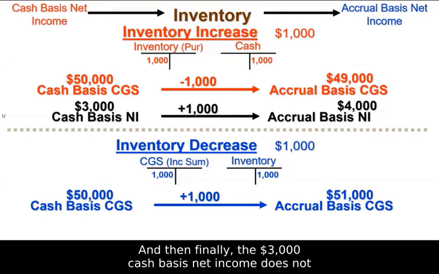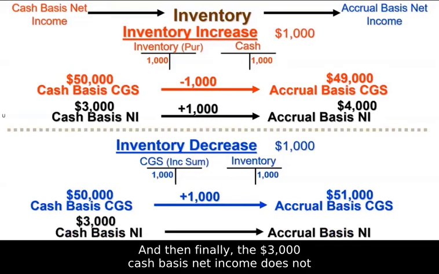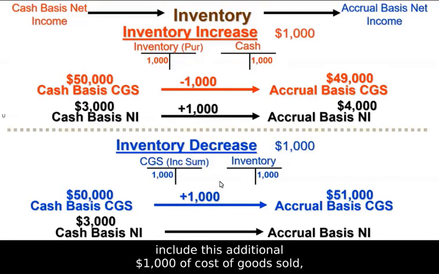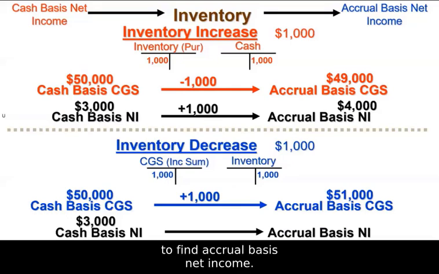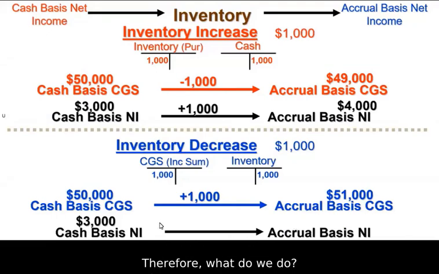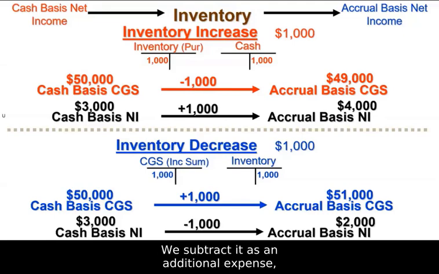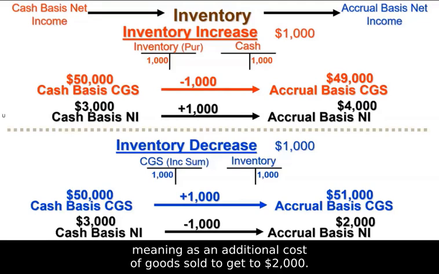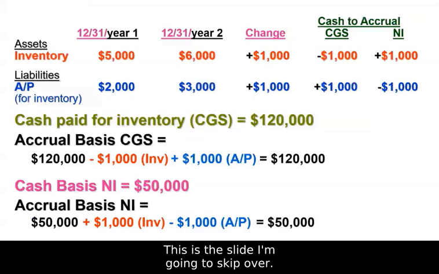And then finally, the $3,000 cash basis net income does not include this additional $1,000 of cost of goods sold, but it should, because we're trying to find accrual basis net income. Therefore, we subtract it as an additional expense, meaning as an additional cost of goods sold, to get to $2,000.